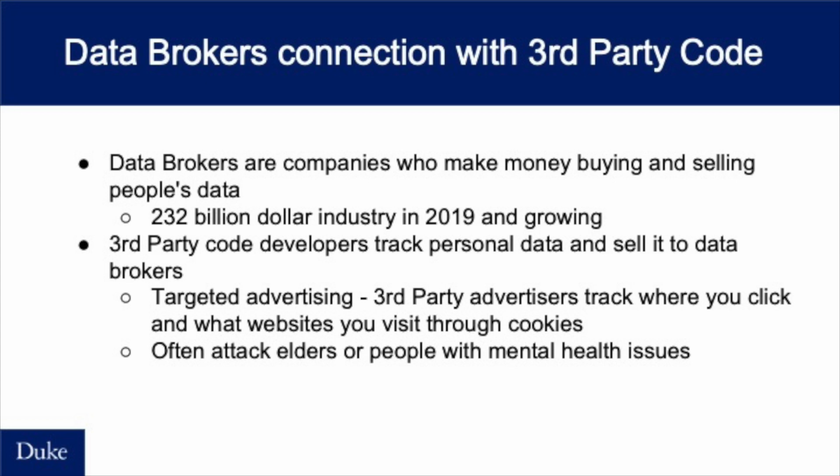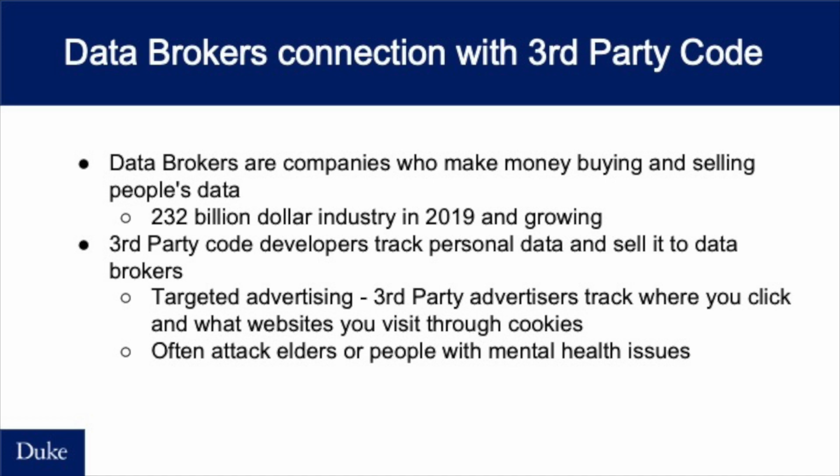This especially comes into effect with targeted advertisements, where third-party advertisers track where you click and what websites you visit through cookies, and give you targeted ads, or sell your information to data brokers, which sell it to who knows where.